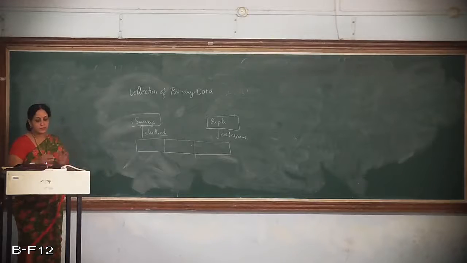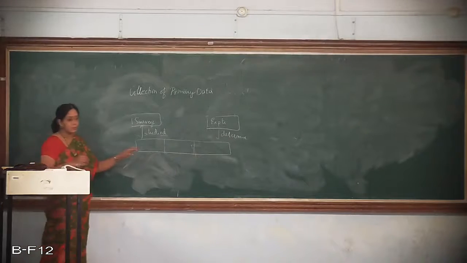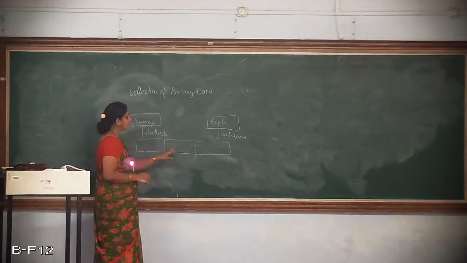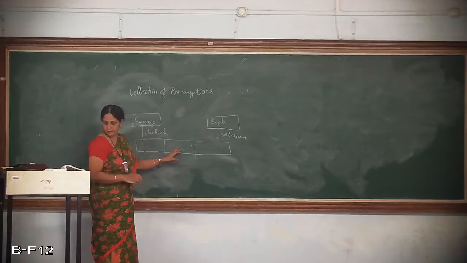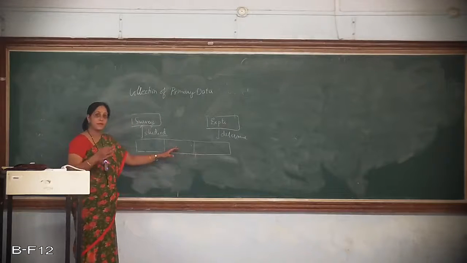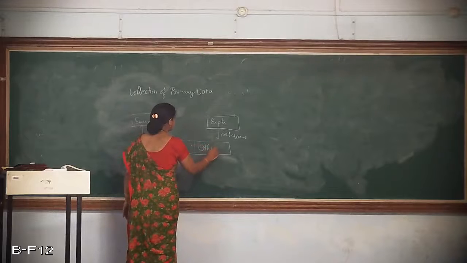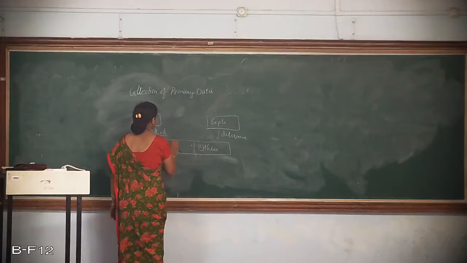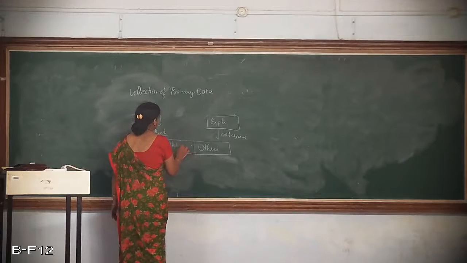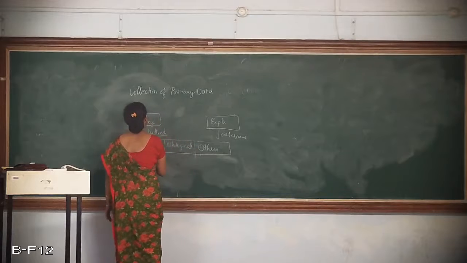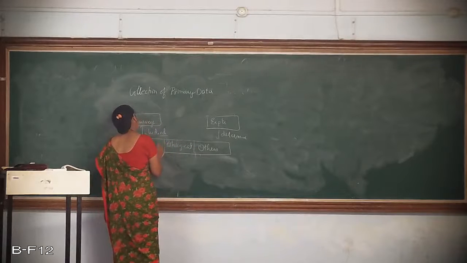Then the possible relationship here is with respect to economic, physiological aspects, or it can be psychological aspects and others. So this is the basic relationship and economic factors that exist in both the cases.